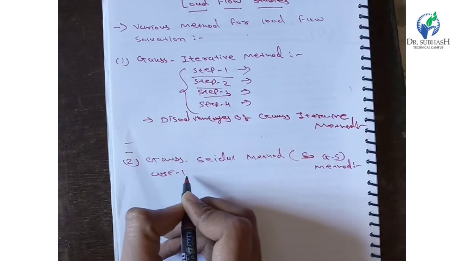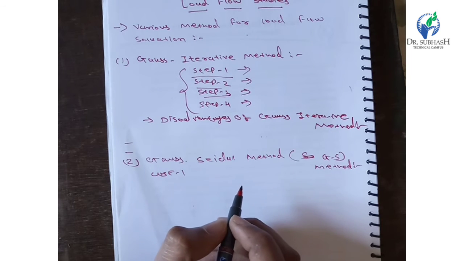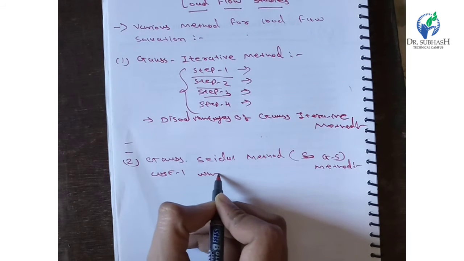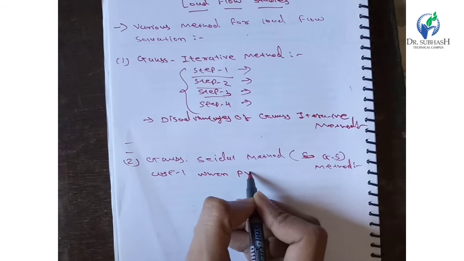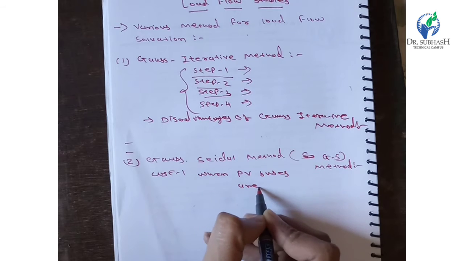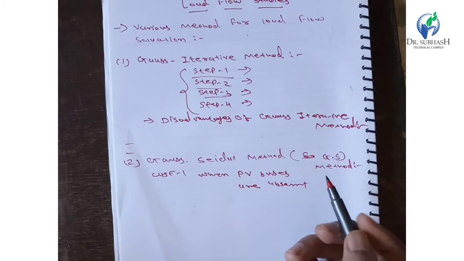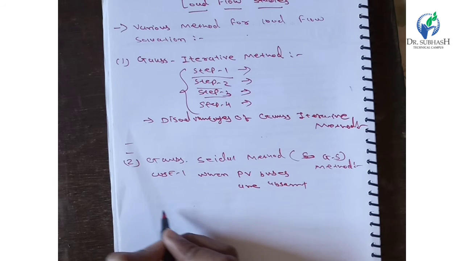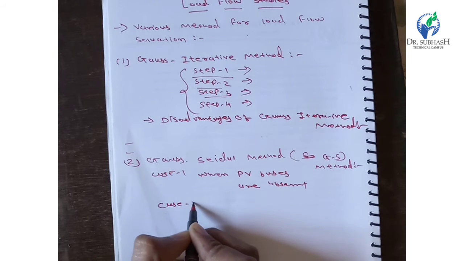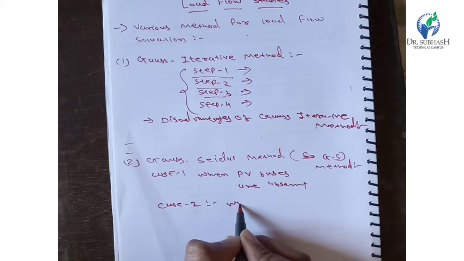Case 1 is when the PV buses are absent in the transmission line, and case 2 is when the PV buses are present.